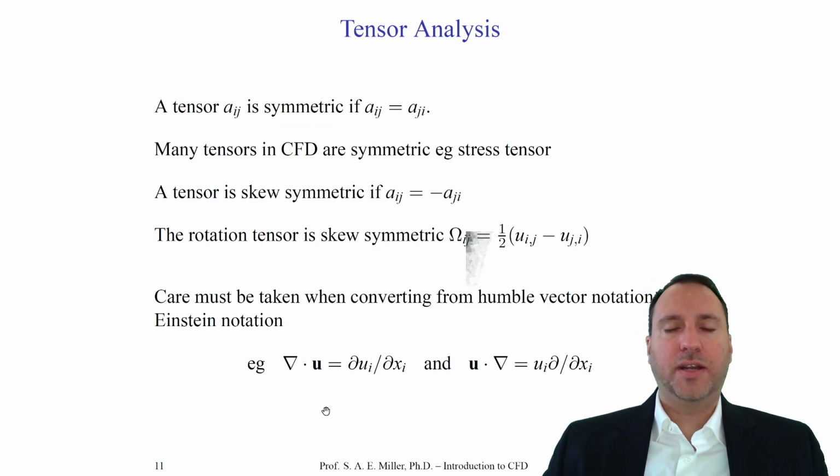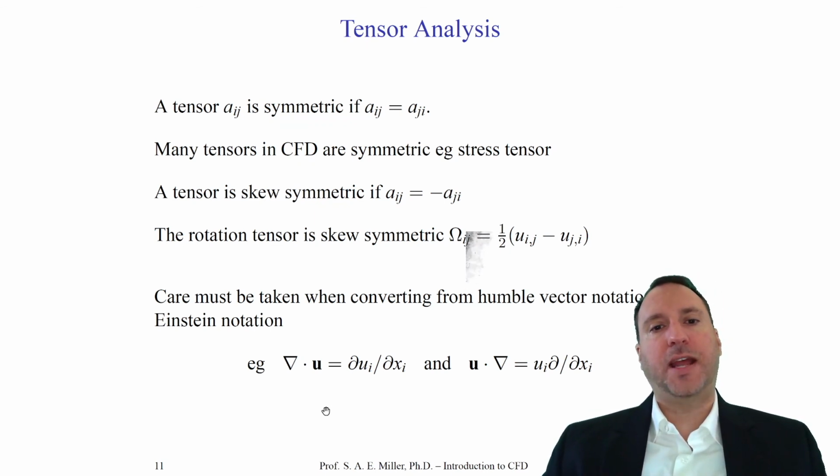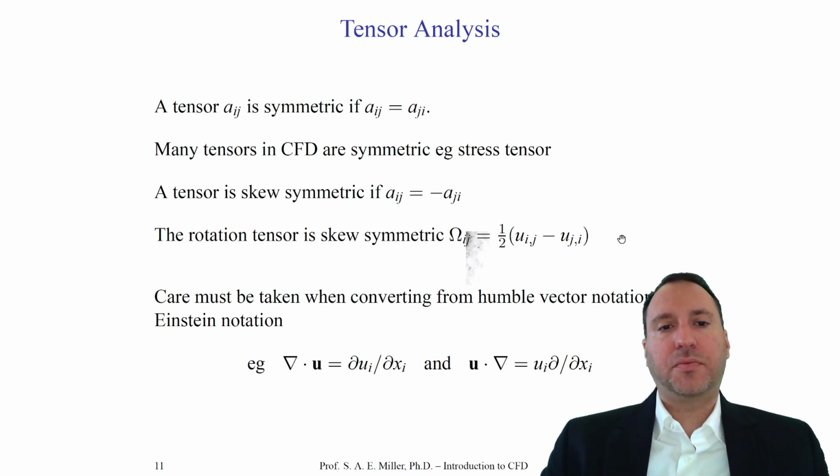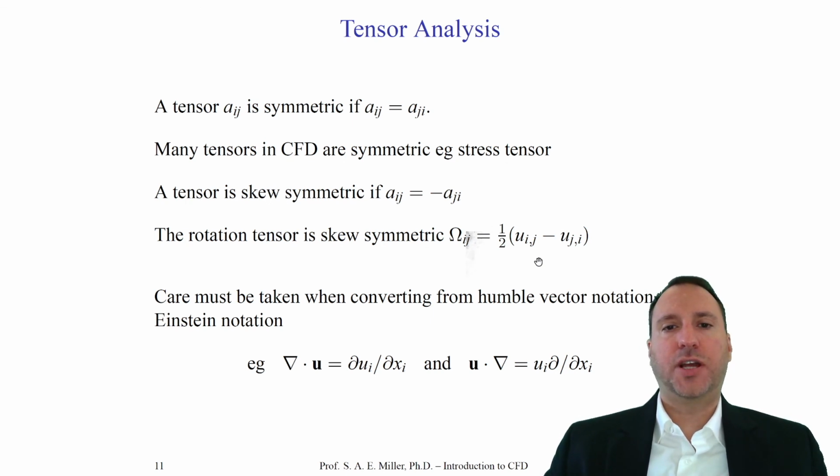For example, in a 3x3 matrix, term a12 would be equal to the negative of term a21. It so happens that the rotation tensor, which appears in the equations of motion, capital omega sub ij, would be 1/2 of u i,j minus u j,i.